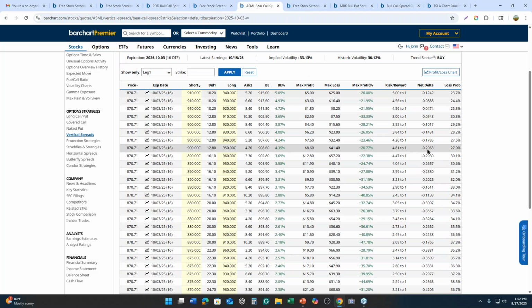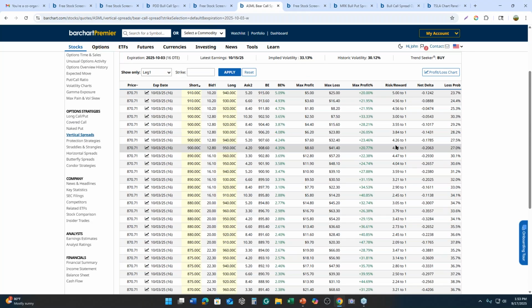What we said is if we're doing credit spreads and conservative, we want to start looking for that delta below 20. In this case, that net delta is below 20, and the loss probability is about 1 in 4 chances, or in other words, 3 out of 4 chances that this event is not going to happen. So this would be more of a conservative trade.